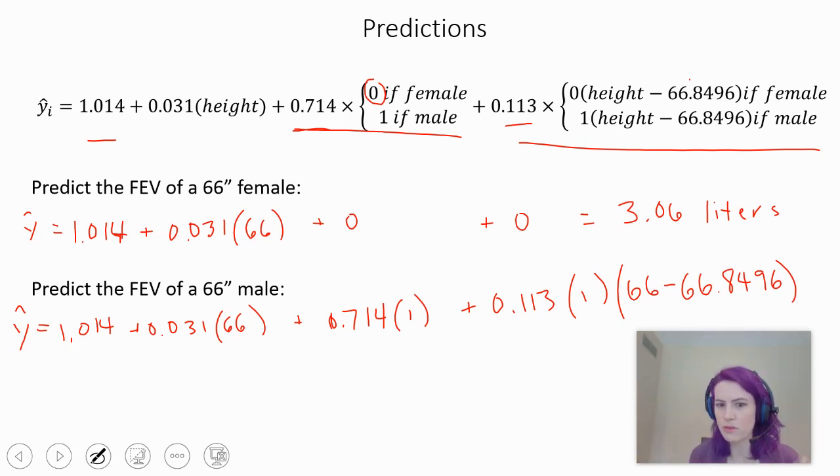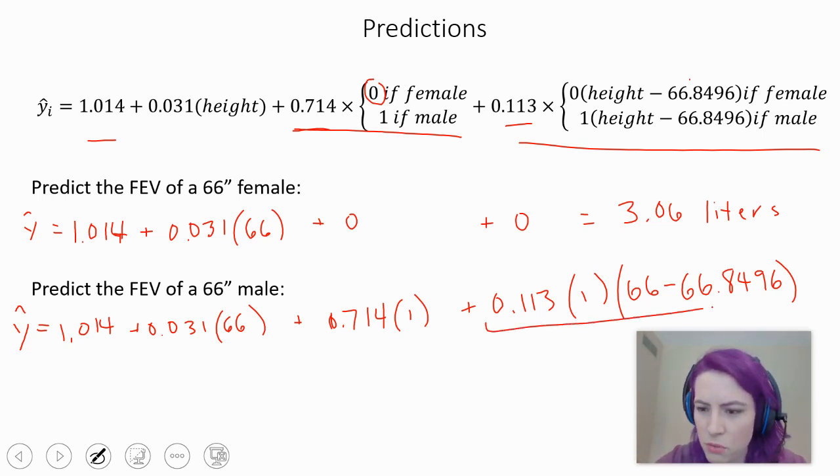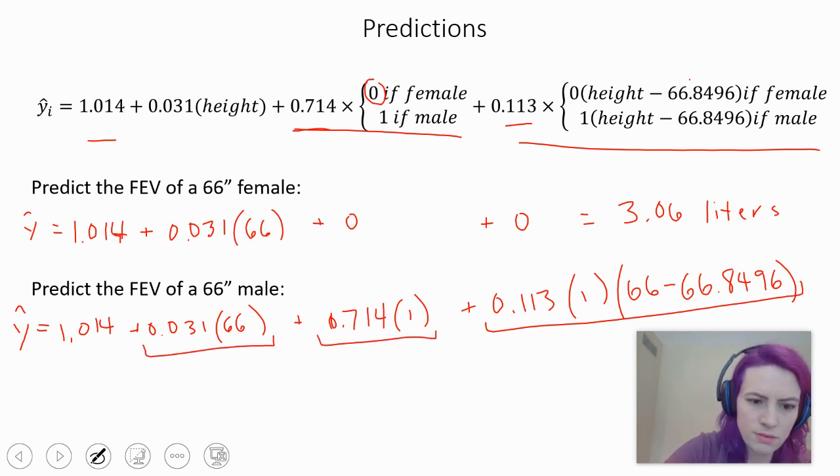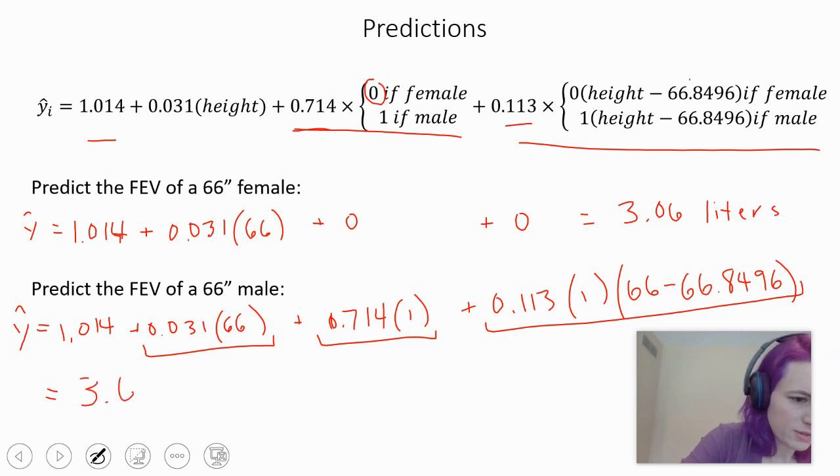Okay, so just remember your order of operations, do all your multiplications before you add up the 4 parts. So if you have everything in the right spot, this should be 3.678 liters.